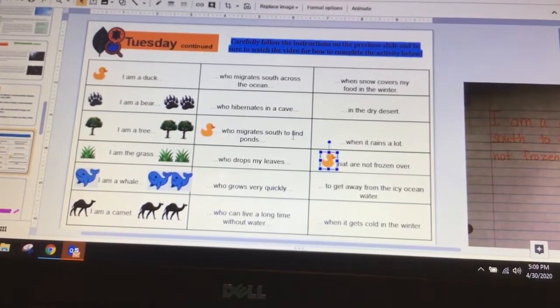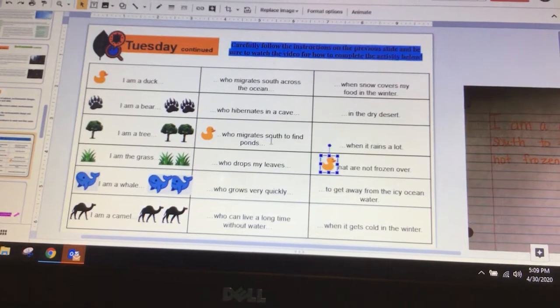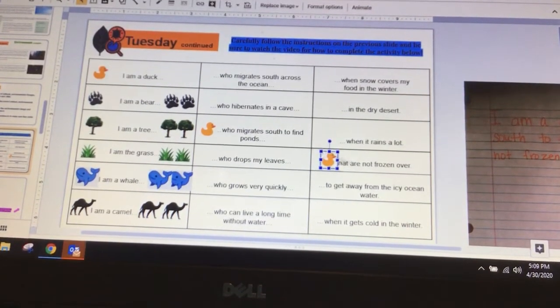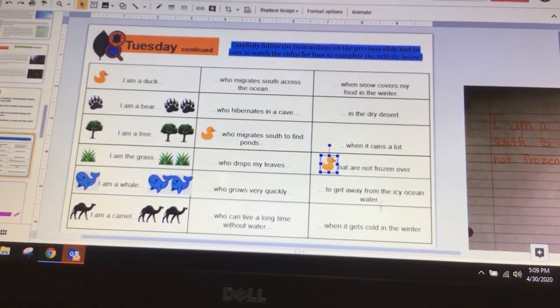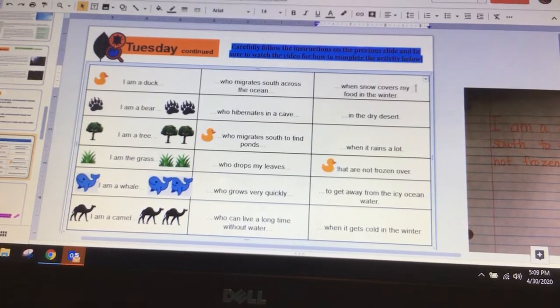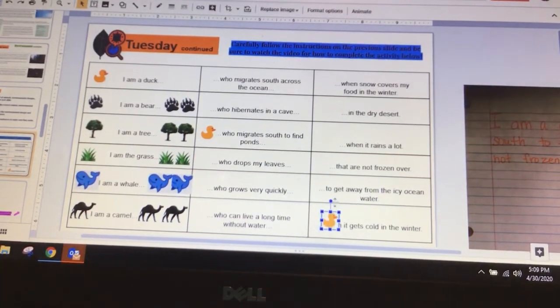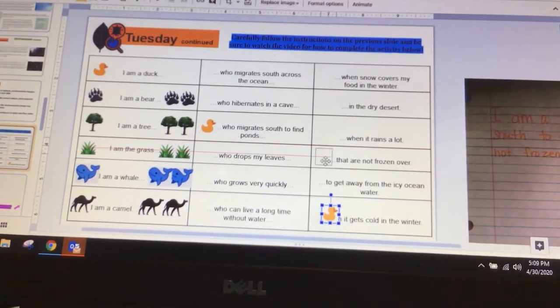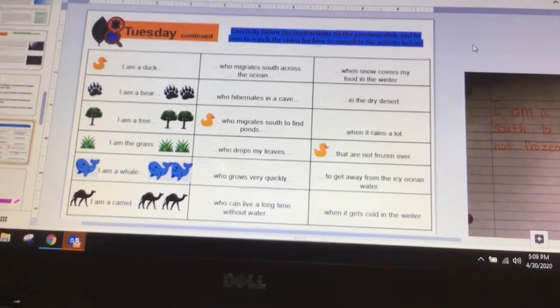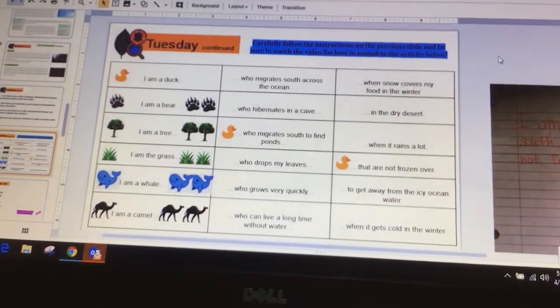I specifically mentioned going south to find a pond that goes with one of these. So I think it might be this one, or this one, or this one, okay? So I'm going to go ahead and tell you that it is this one, okay? Because those other two are going to fit with something else better.